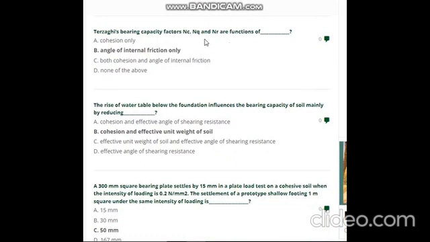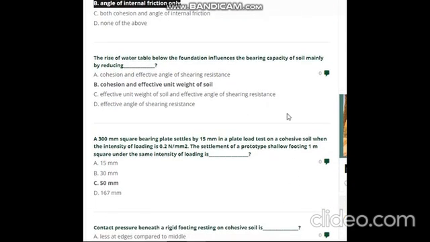Terzaghi bearing capacity factors Nc, Nq and N gamma are functions of angle of internal friction only. The rise of water table below the footing influences the bearing capacity of soil mainly by reducing cohesion and effective unit weight of soil.